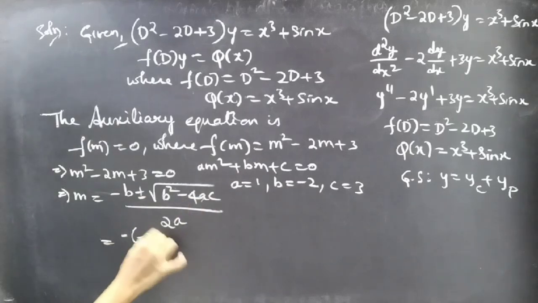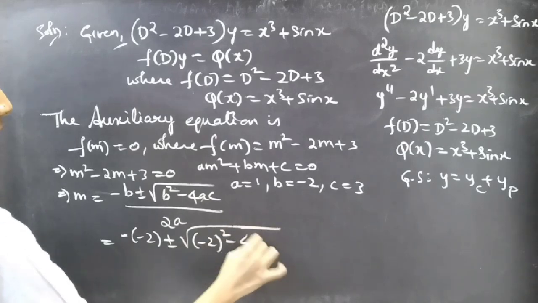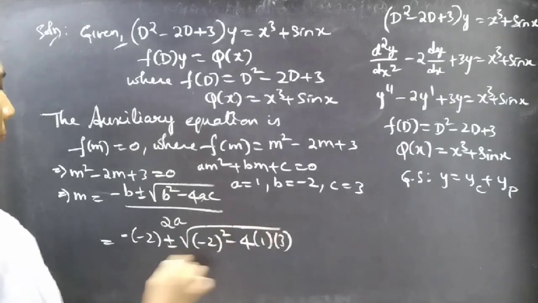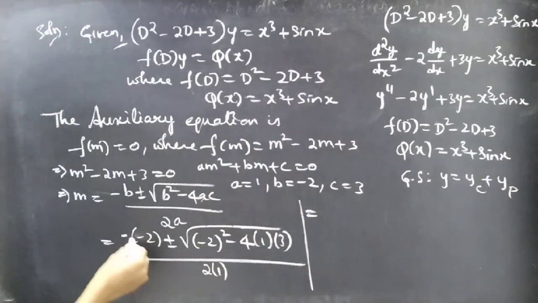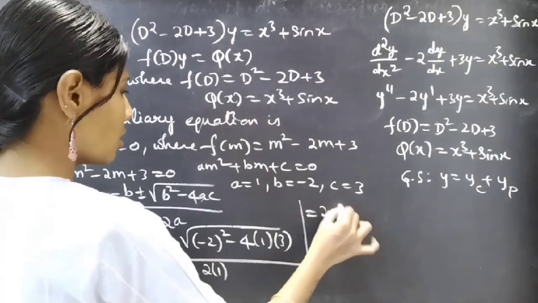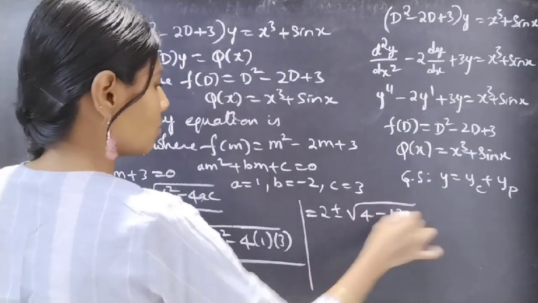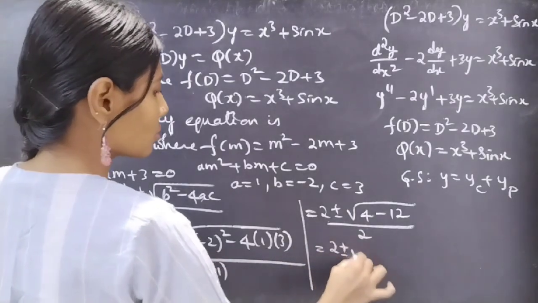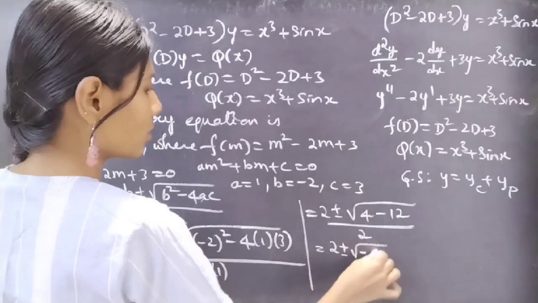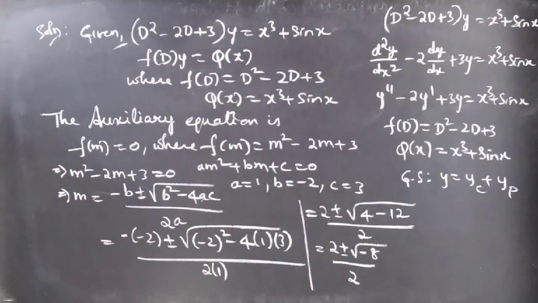Now substitute these values in this formula. You'll get (−(−2) ± √((−2)² − 4·1·3)) / (2·1), which gives (2 ± √(4 − 12)) / 2, that is (2 ± √(−8)) / 2.